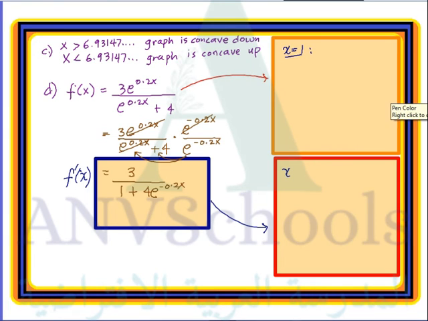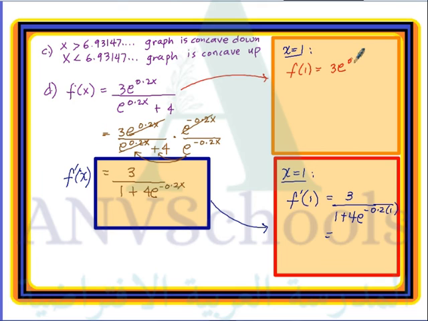So when x is equal to 1, let us start from here. F prime of 1 is equal to 3 over 1 plus 4e to the negative 0.2 times 1. And in here we have f of 1 is equal to 3e to the 0.2 times 1 over e to the 0.2 times 1 plus 4. So let me check it using our calculator.